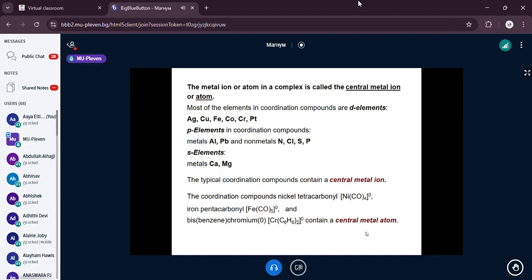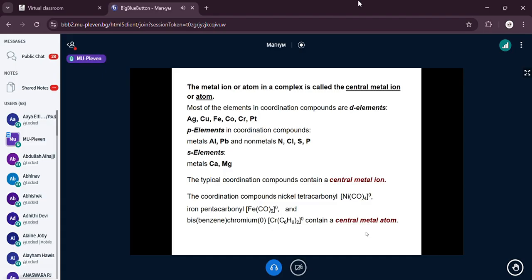Usually these are d elements, sometimes p elements, aluminium, non-metals such as nitrogen, chlorine, sulfur. s elements, calcium, magnesium, can also make coordination compounds.